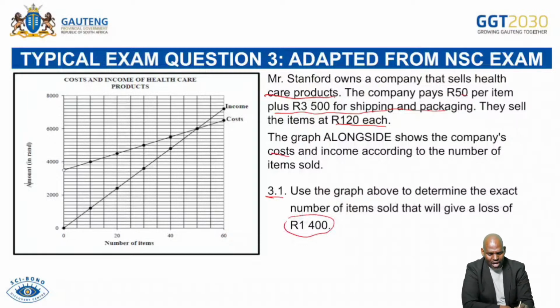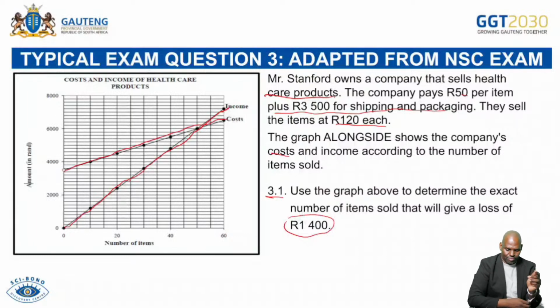Now, if I look at my graphs, I've got a graph of income, which is this one from this point to that point. And then I also have a graph of cost or expenses. Cost and expenses, same thing.